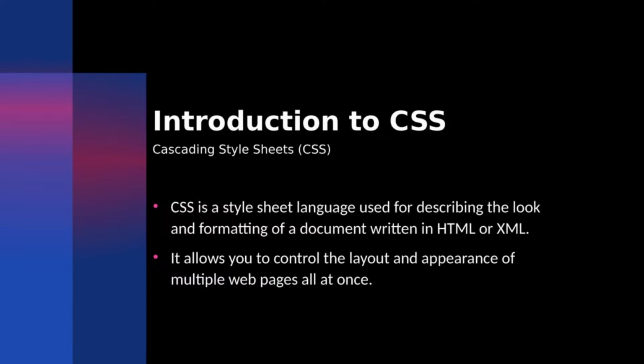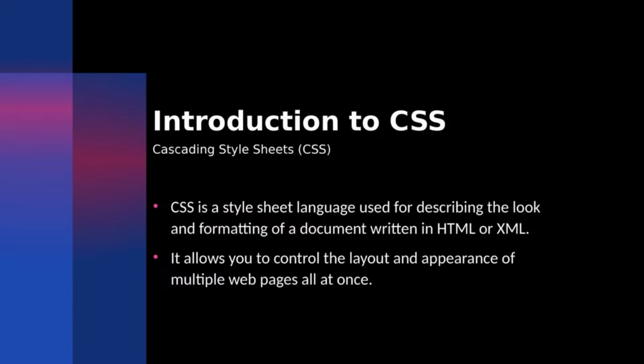So again, what is CSS? CSS simply means cascading style sheet, and it is used to style the pages of websites. It can be an HTML document or XML. You don't really have to worry about XML; eventually, when you start doing things, you will know what that is all about. But focus on HTML and CSS for now.